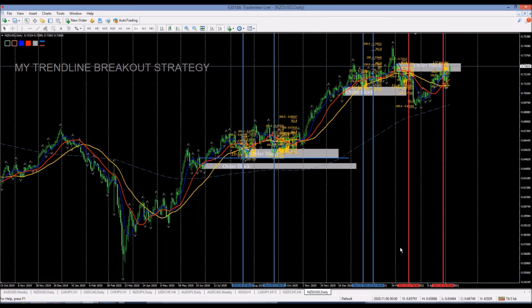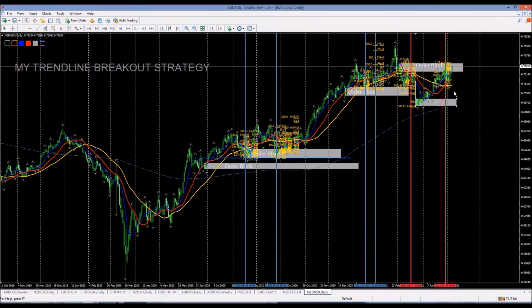That's another clue. So I pretty much think that this is going to hold and price is going to come down at least to the 200 period moving average. And bear in mind this is always moving, so it can move higher. If price goes higher, this moving average will move higher as well.